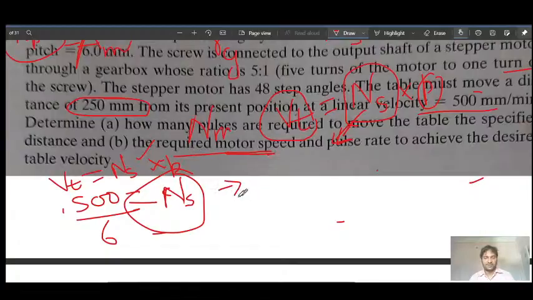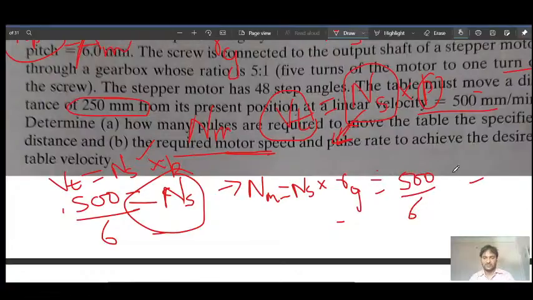So if we multiply Ns by the Rg value, we will get the motor speed in RPM. 500 by 6 into the Rg value, which is 5. What is the value? Something like 416 point something. You check it.